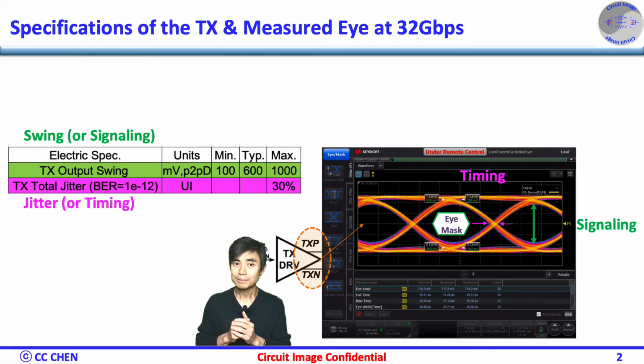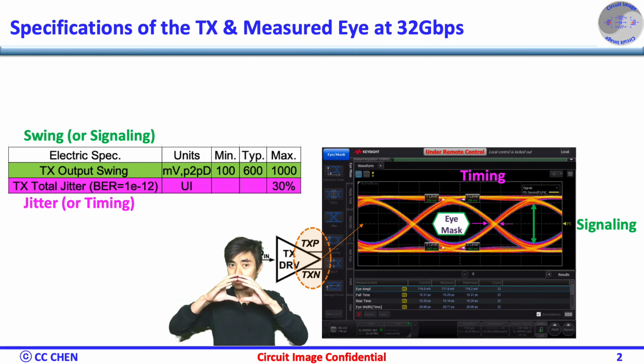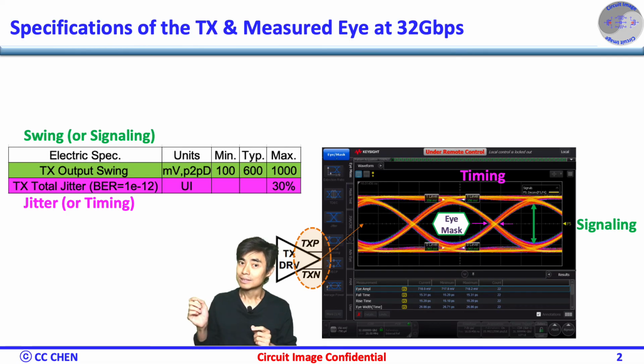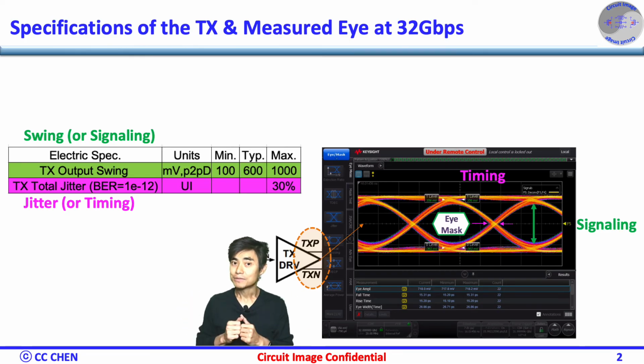Then, combining both signaling and timing generates the eye mask specification, which is the output of the series. So, most design challenges of meeting the specification are from the intrinsic impairments of the circuit itself, not from the outside impairments added. In addition, the eye performance is easy to observe and bounded during the silicon calibration and design verification.